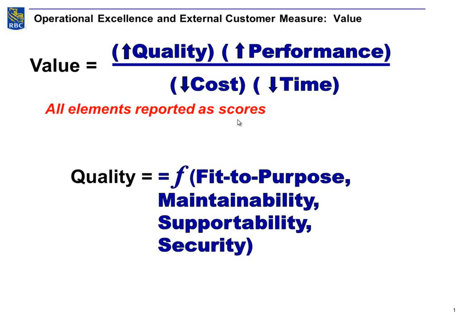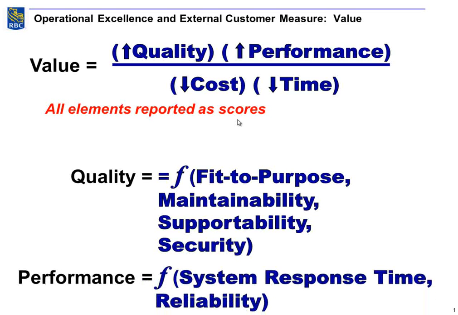So that's going to become an equation that we'll use RBC data to actually determine those numbers. For things like fit to purpose, that data is going to eventually come from EPPM. Supportability from the help desk and so forth. So the data is available, we just need to source the specific elements. The agreed to formula for performance is something along the lines of response time and reliability inside those key peak hours and so forth.